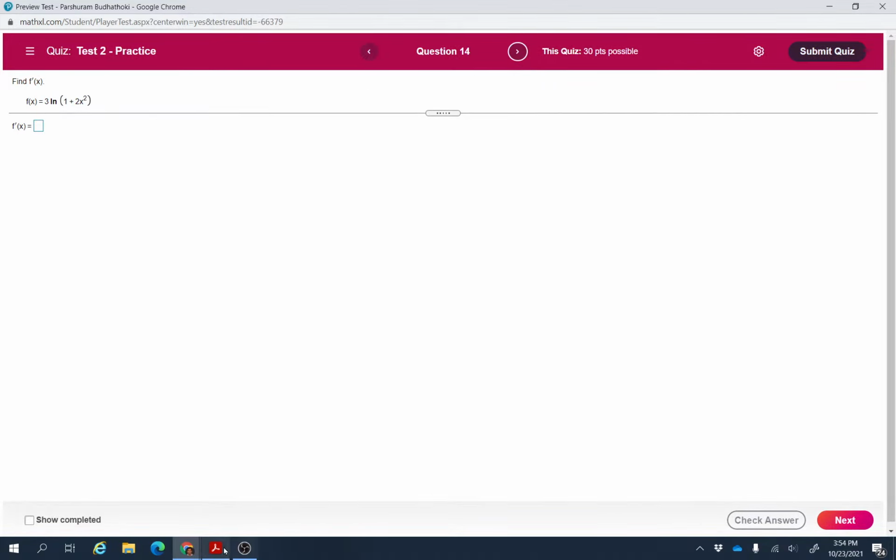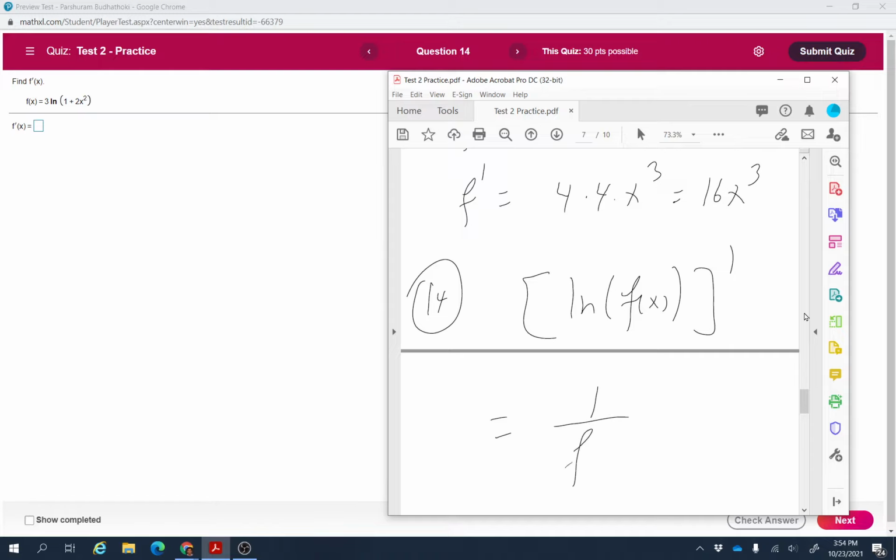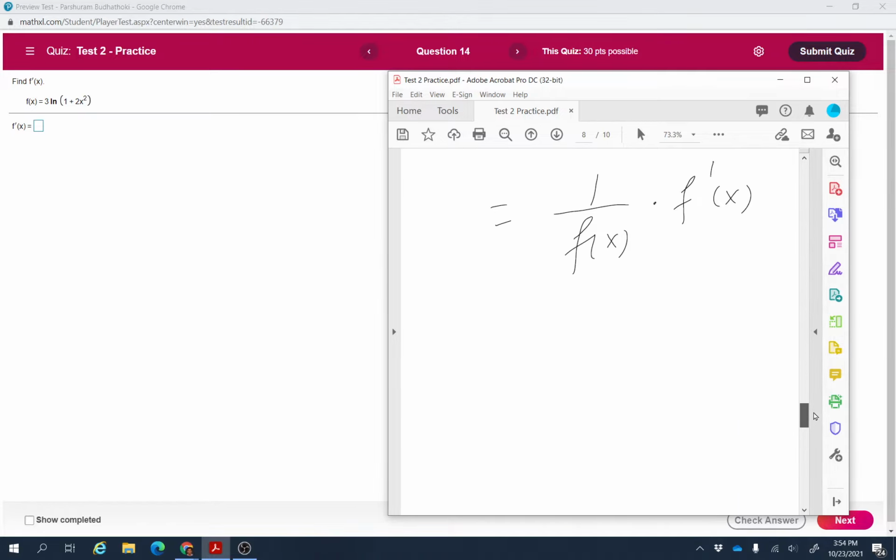Okay, so the derivative of the ln function. The one thing you have to remember is the derivative of the log function. This is problem 14. If you have ln and then there is some function after that, the derivative of this kind of function is 1 over f of x times f prime of x. So the derivative of ln of something inside the parentheses is the derivative of that thing over the very same function. In our case, that is 1 plus 2x squared.